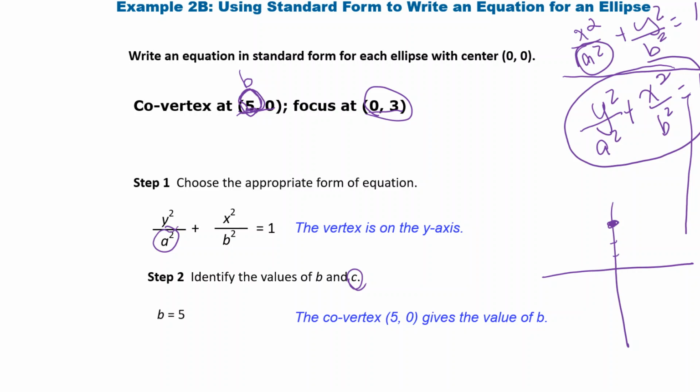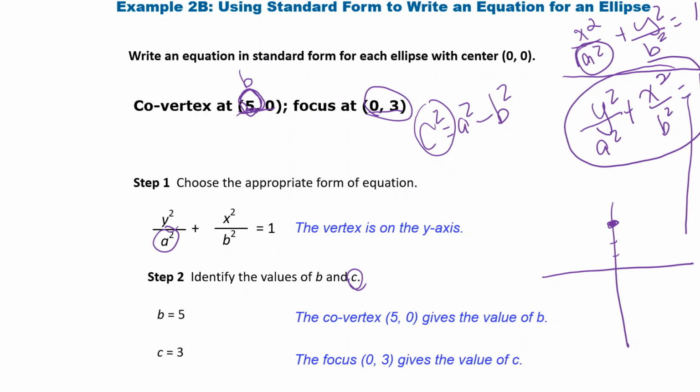Remember the little formula from a minute ago: c squared equals a squared minus b squared. If we have b squared and c squared, we can use our algebra to find a squared. The value of c is going to be 3.